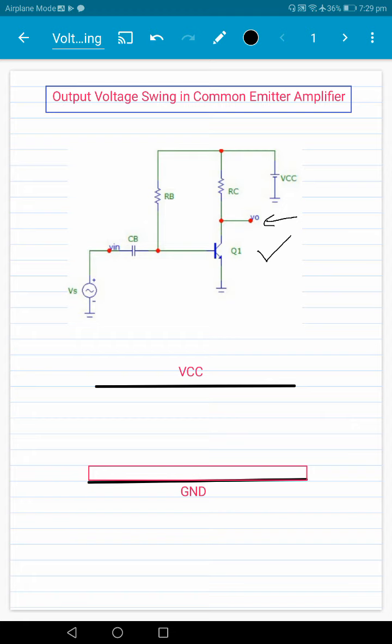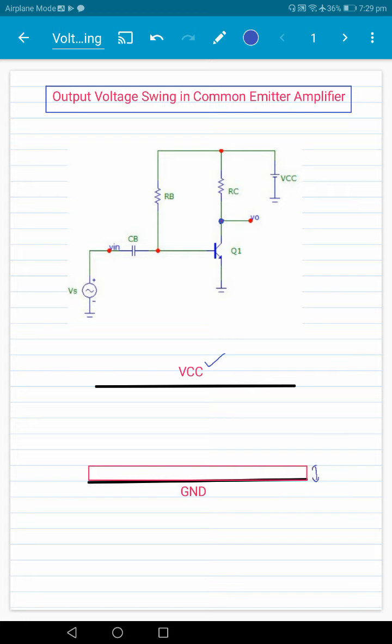The traditional argument goes as follows: if you want to get maximum output voltage swing, there are two extremes. On one side, the voltage V0 at this point cannot go above VCC, there's a limit of VCC. On the other side, we don't want the transistor to go into saturation.